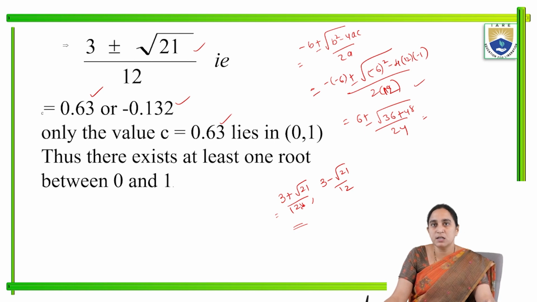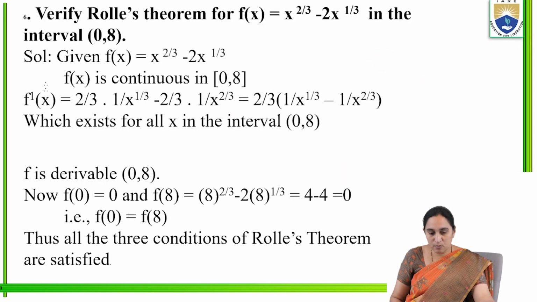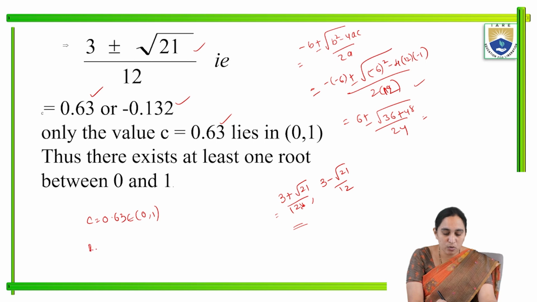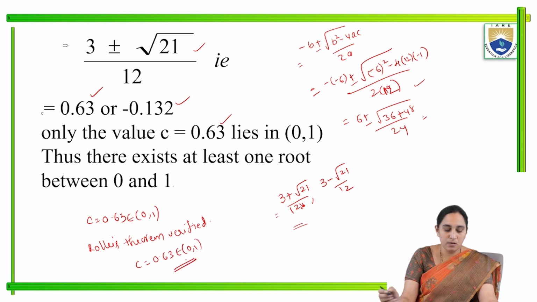Therefore, there exists at least one point C belongs to (a, b) such that f dash of C is equal to 0. Here C is equal to 0.63, which belongs to (0, 1). Therefore, Rolle's theorem is verified.